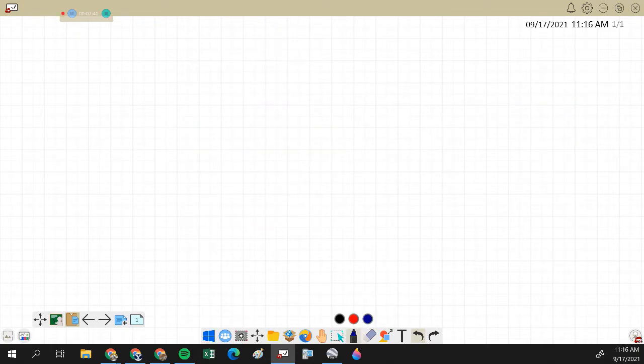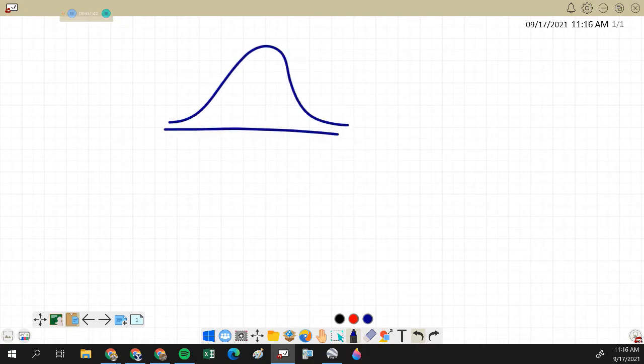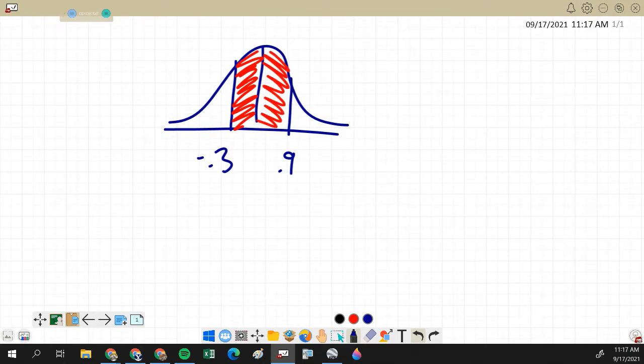Between negative 0.3 and 0.9. So here is negative 0.3 and here is 0.9. So I'm going to take half of the 0.3 area, this, and half of the 0.9 area, that, and then add them together.